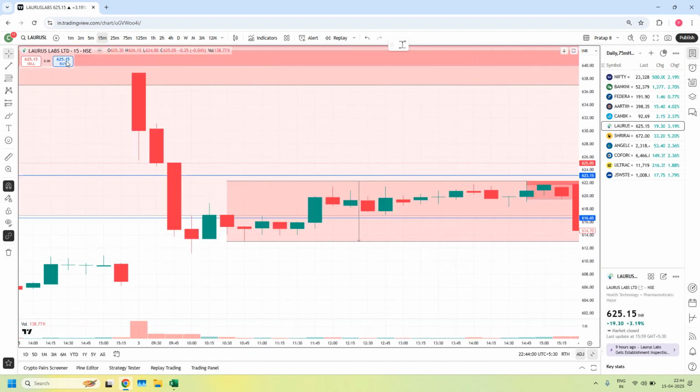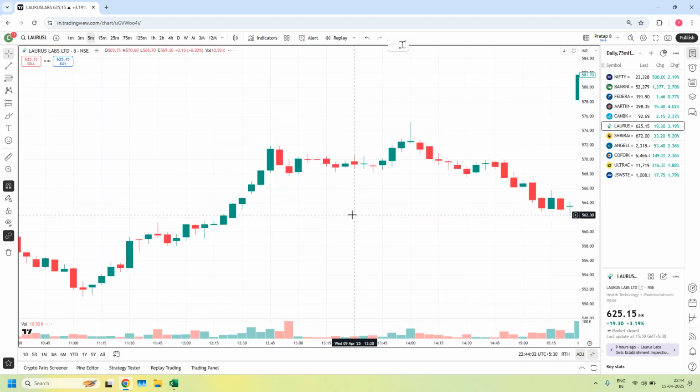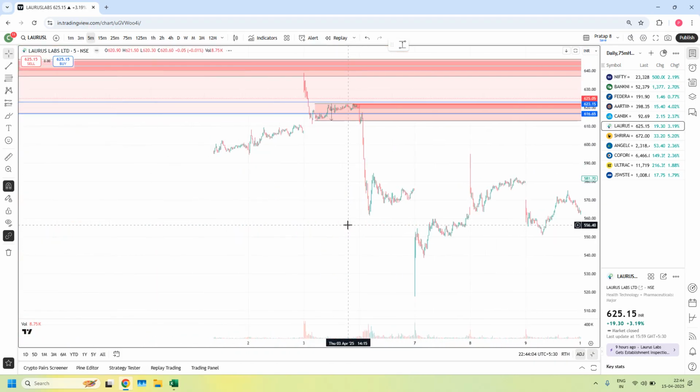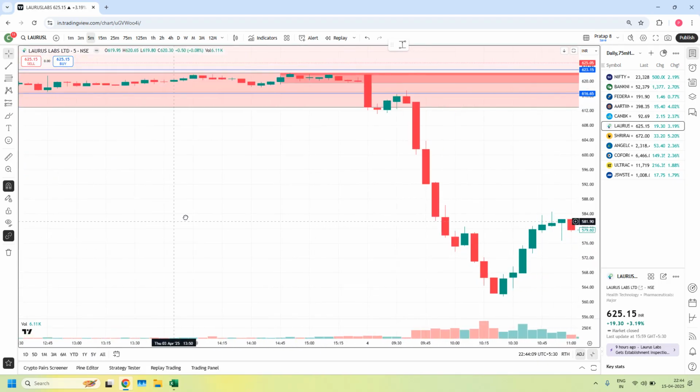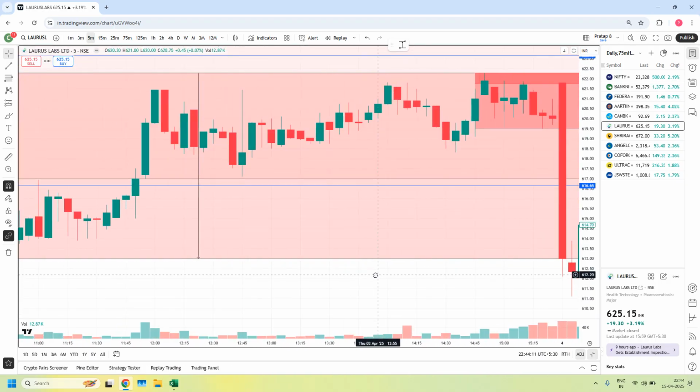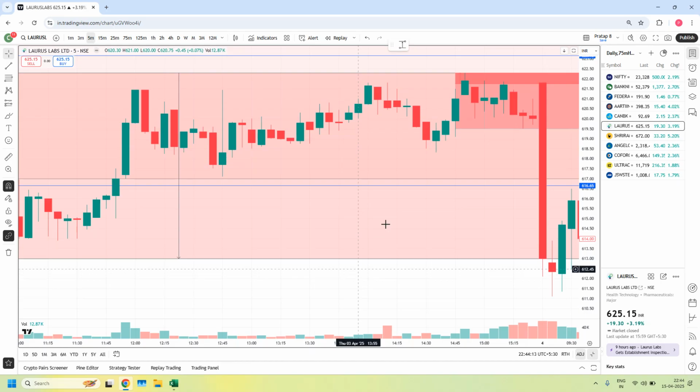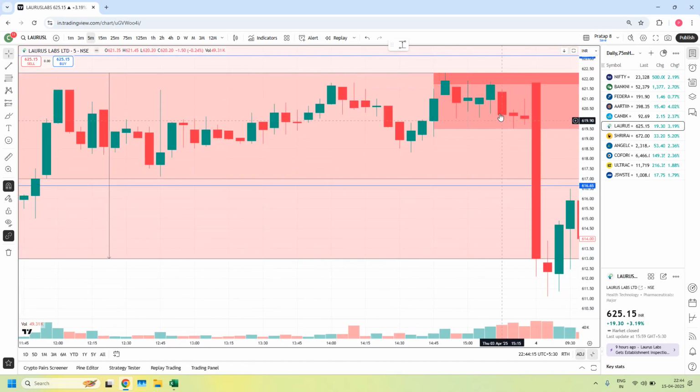And within this area, again fine-tuned with the 5 minutes time frame. See, you have a drop, base, drop, a very big candle right here.